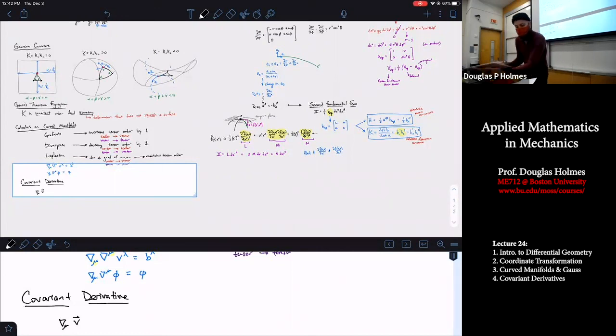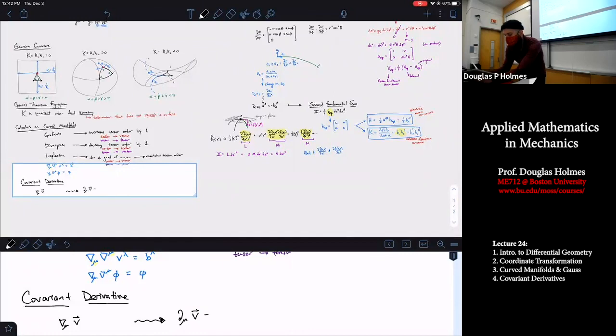Let me illustrate the problem mathematically really quickly, and then I'll explain it to you conceptually. What you're trying to do is take the partial derivative of my vector v.